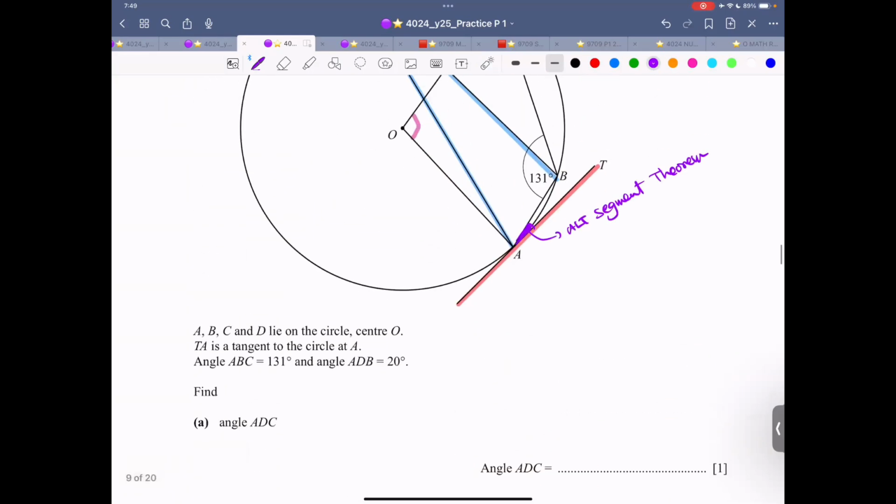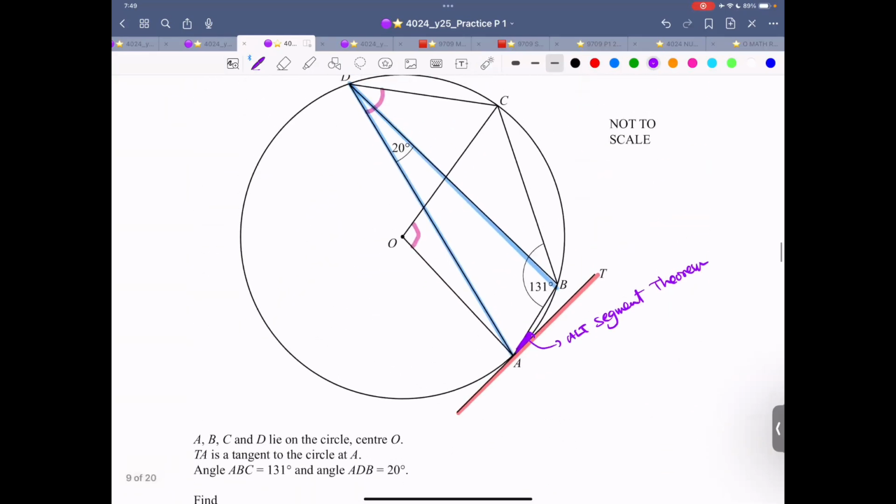Now, what's the other one? OAB. O, A, and B like this. Now, the first thing first, let me double this angle, 131. Double of that is 262. That is this reflex angle, that is 262.